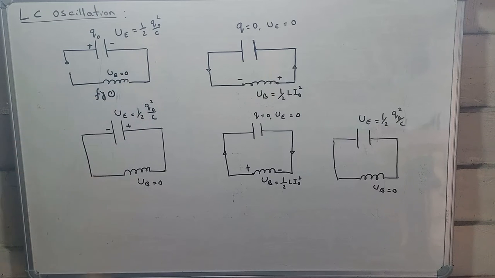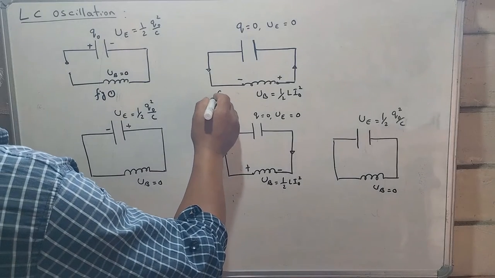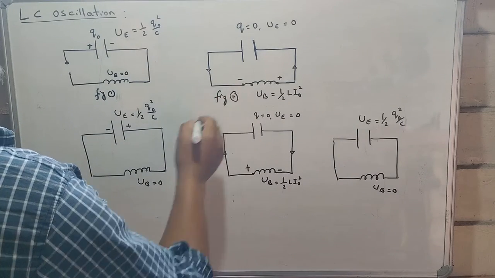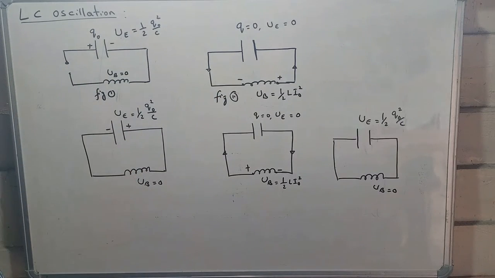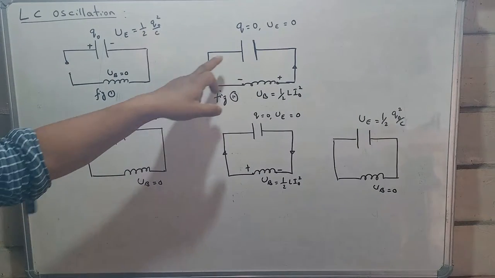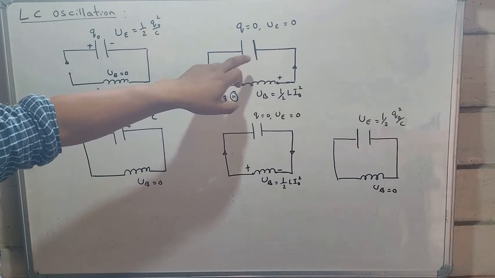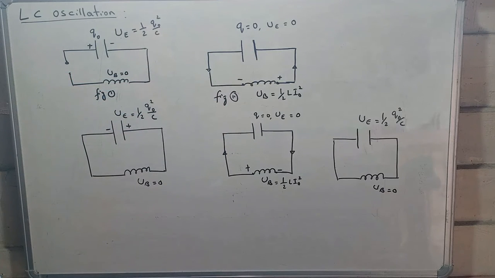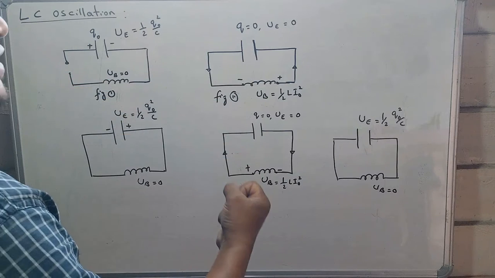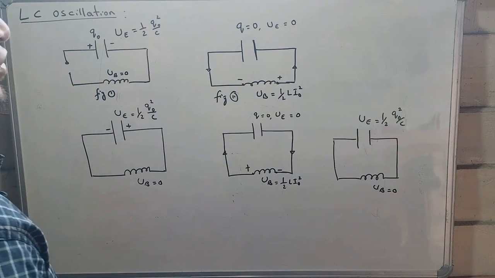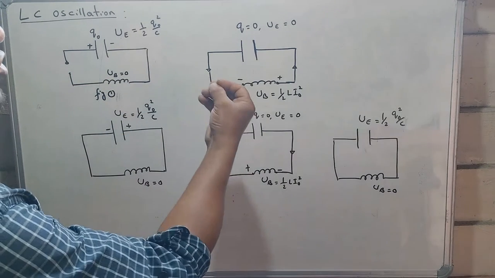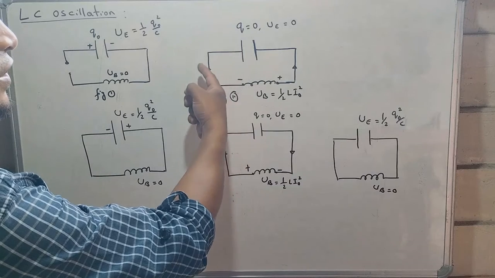Now in figure 2, I have connected the capacitor with the inductor. When you connect the two, what will happen? The charge from the capacitor will flow through the inductor, which means the capacitor begins to discharge, or I can say the charge in the capacitor starts decreasing.